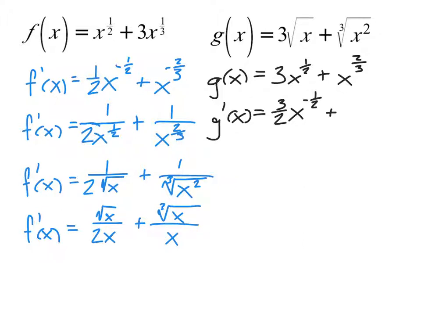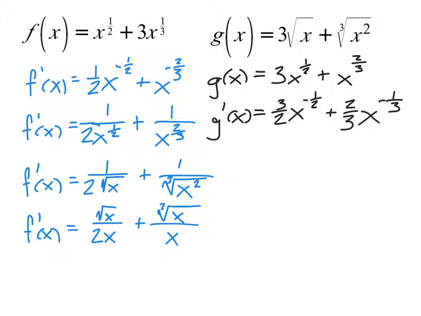Plus, multiply by the original exponent, so that's 2/3 times x to the power of 2/3 minus 1. Now 2/3 minus 1 should give you a negative 1/3. That right there is our derivative. We found g prime of x.